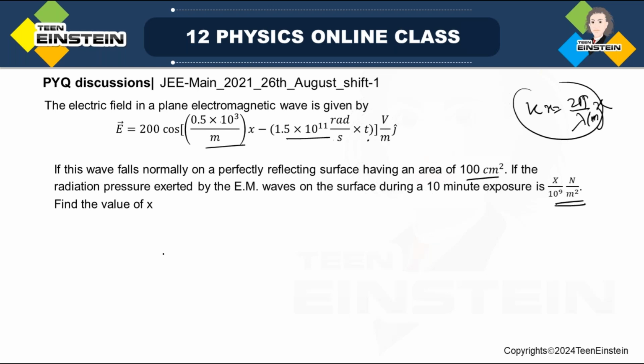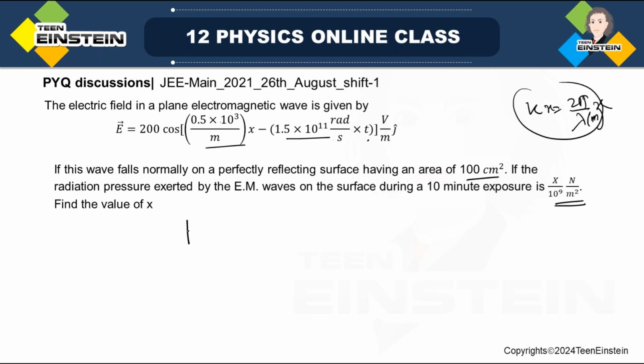So how do we find out this answer? We can actually find out this problem in two ways. There are two ways to solve this problem. Let us do the simplest way.